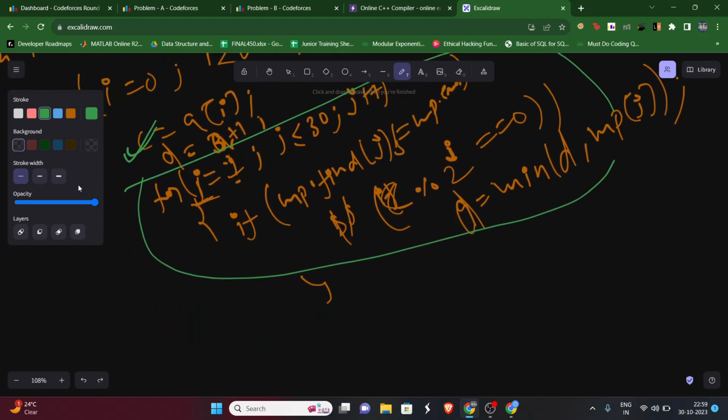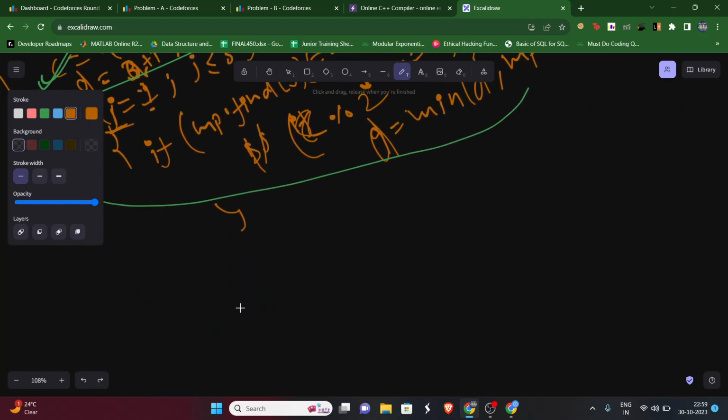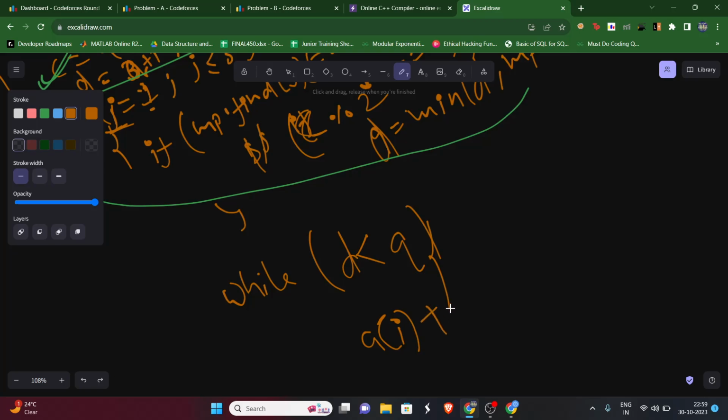Now we have this first divisor of c, then we can run a while loop while this divisor is less than q, because after q there will be no numbers. Then this a of i can be modified: a of i plus equals power of 2 to the power d minus 1.